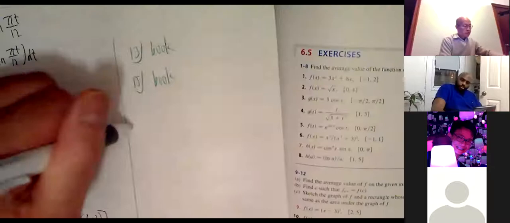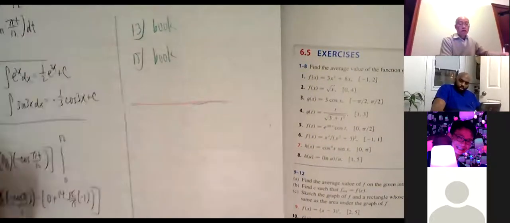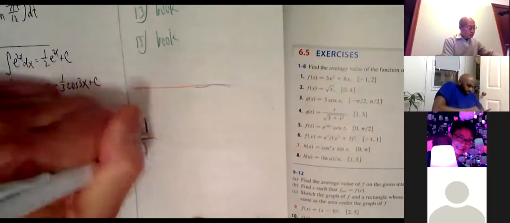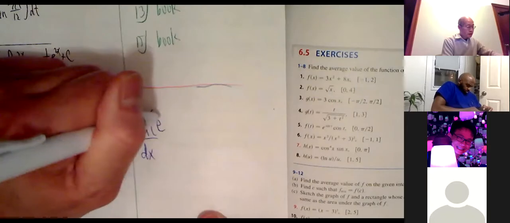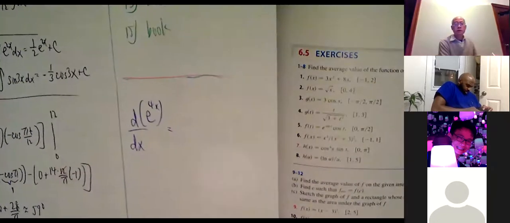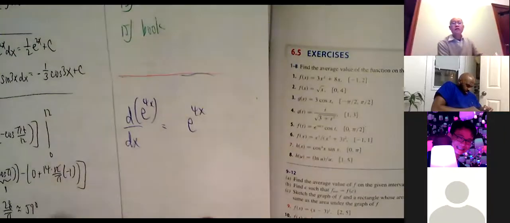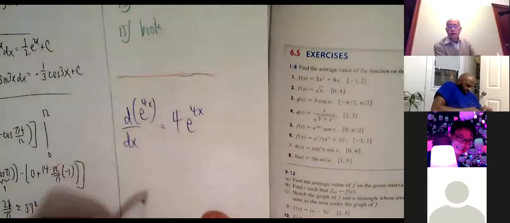Okay, so maybe I'll make up some other thing here. I'm making up new stuff here. What's the derivative of, let's say, e to the 4x? It's e to the 4x times 4, chain rule, right?